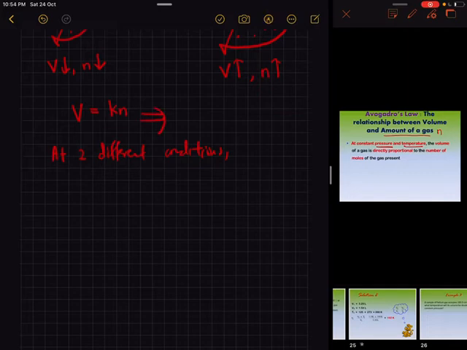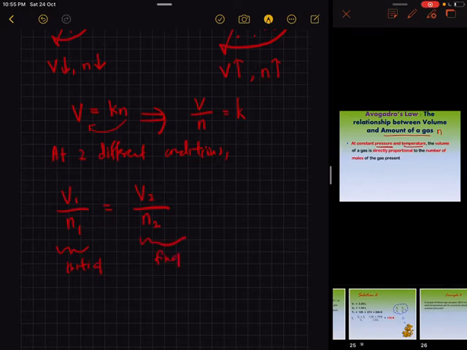So when you bring N to the left side, you will get V over N equals to K, where at two different conditions, V1 over N1 equals V2 over N2. Okay, so this is the initial condition and this is the final condition.